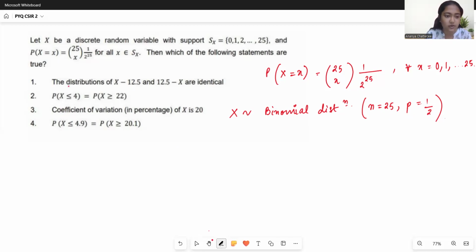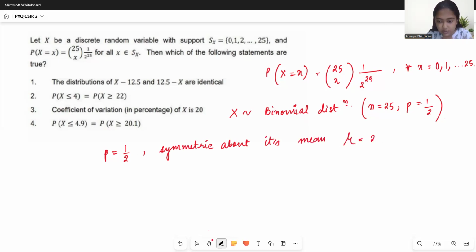So from here we check the first option given: the distribution of X minus 12.5 and 12.5 minus X are identical. Let us find out. A binomial with probability p equal to half is symmetric about its mean mu, that is 12.5.